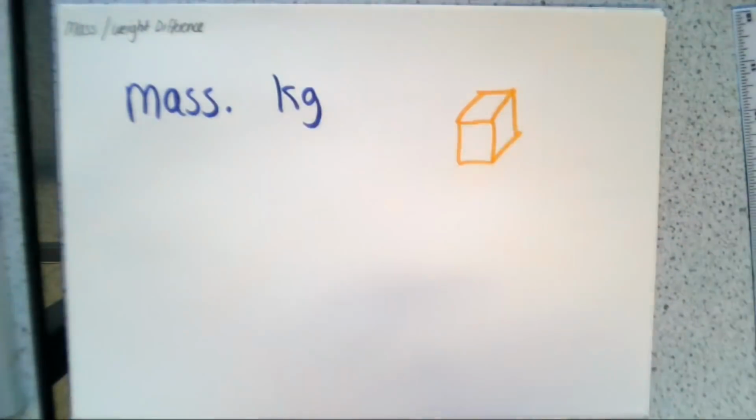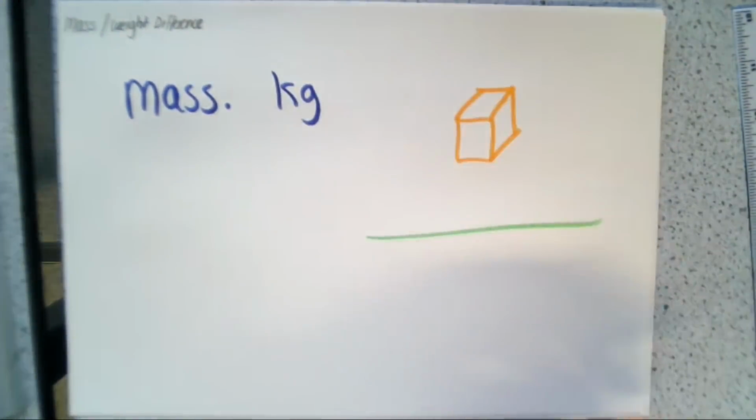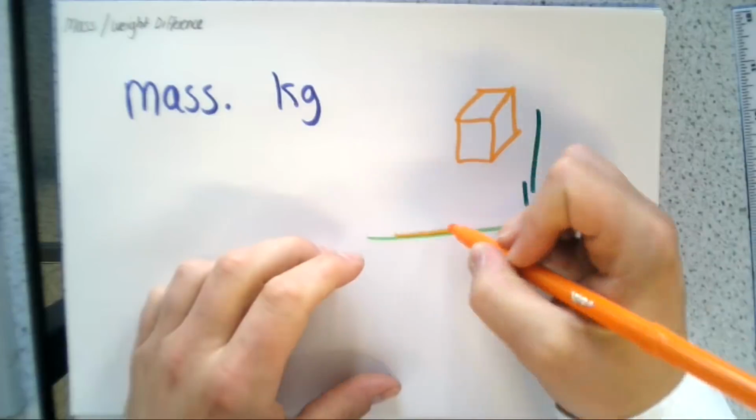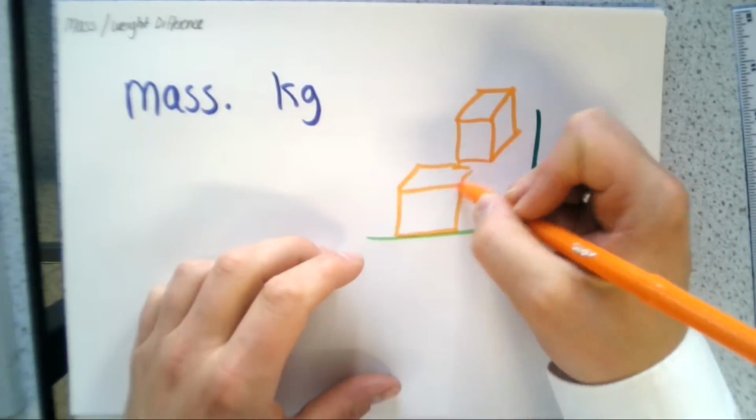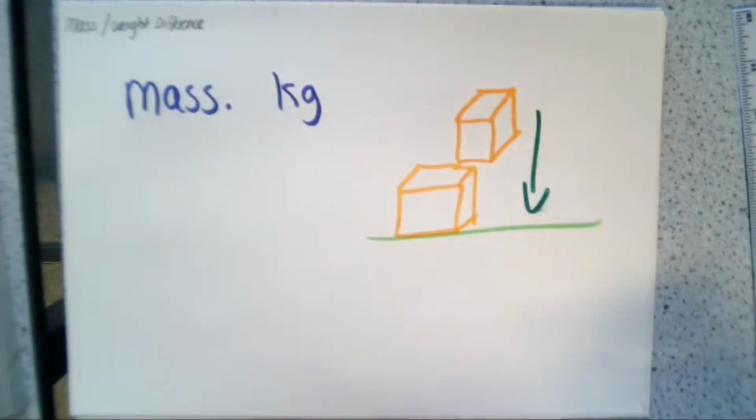Weight of that box would be how much force is pulling that down to earth, okay, because of gravity. So it could be being pulled down like that. It could be just sat, okay. It could just be sat on the ground like that. Doesn't matter. That will still have a weight because it's been pulled down to the ground and kept down at the ground. It's not floating away.